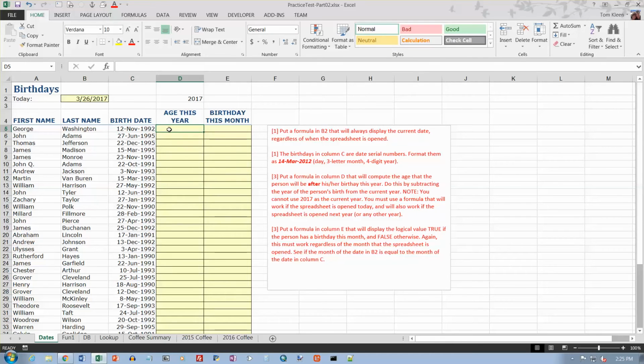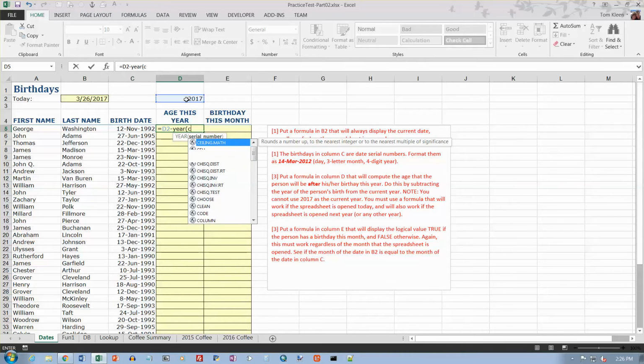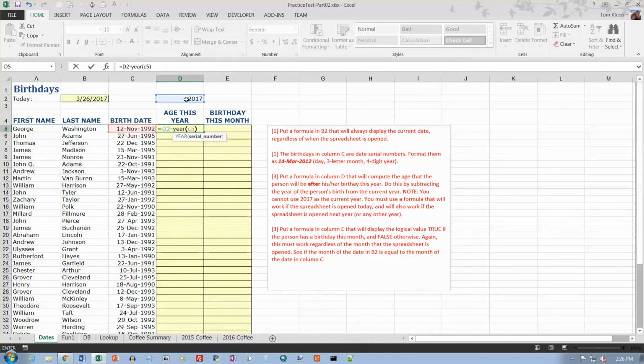So it's going to be equals, and I want this number up here, minus the year of C5. Okay, and close parentheses. And so if they were born in 1992 and the current year is 2017, that would be 25 years.